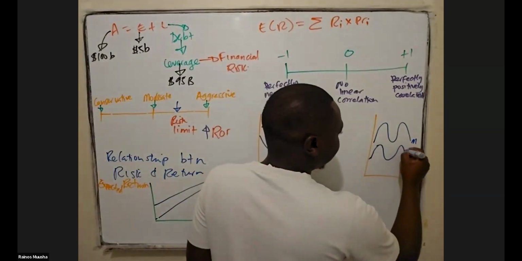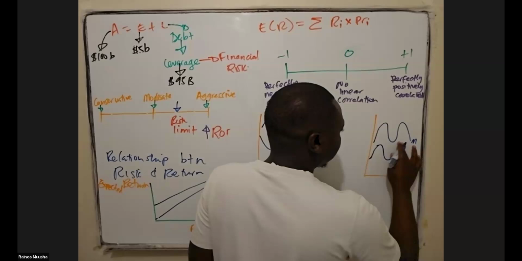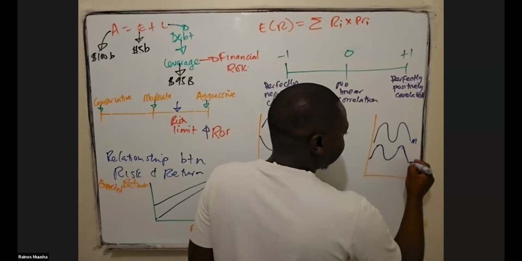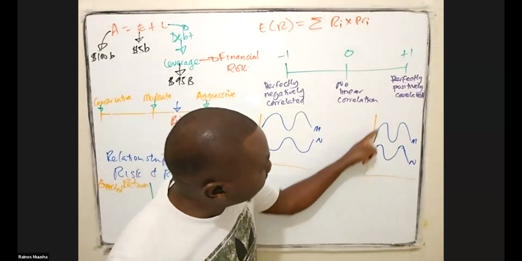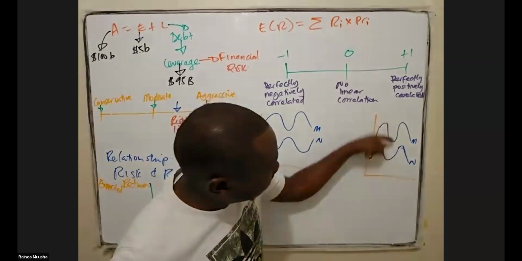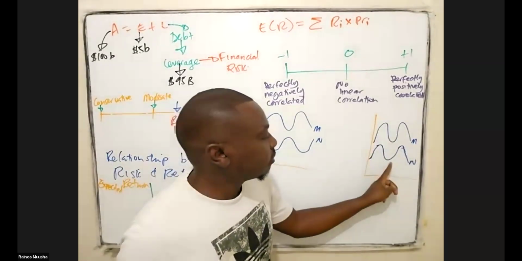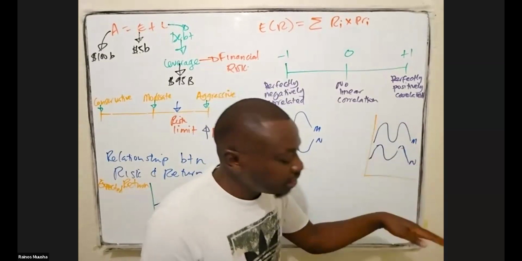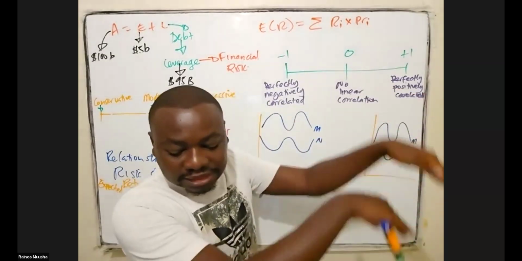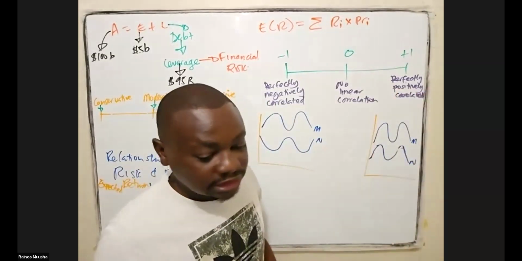Although my diagram is not as clear, they are moving in something like this, where when M goes up, N goes up. When M goes down, N goes down. So they are moving in sync.